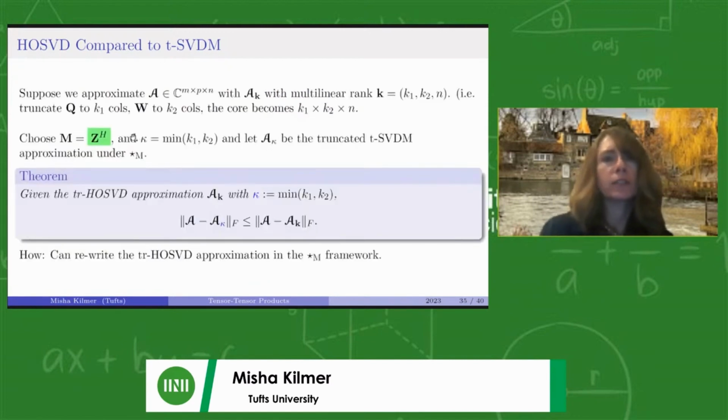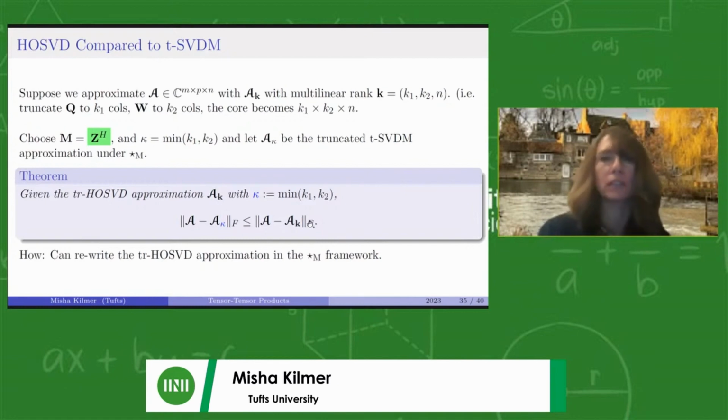And it turns out that if I then take my M and define it in terms of the Hermitian transpose of that orthogonal matrix, then I can make a claim about how compressive our approximate tensor SVD is relative to the higher order SVD approximation.